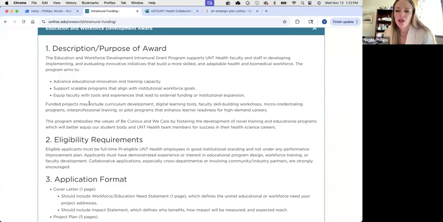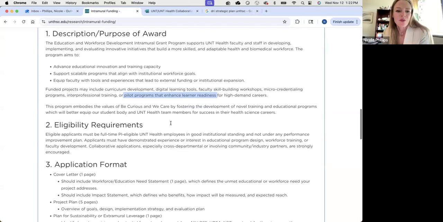So they give some pretty good examples of what might fall under this program. So curriculum development, digital learning tools, skill building workshops, micro-credentialing programs, interprofessional training, or any pilot grant that enhances learner readiness or in high demand careers.